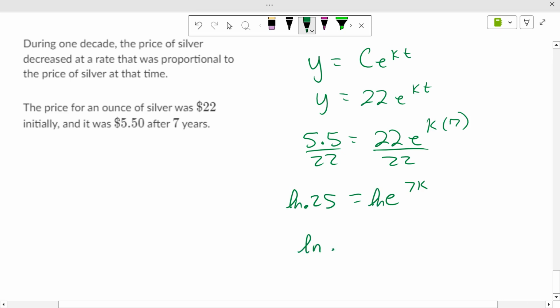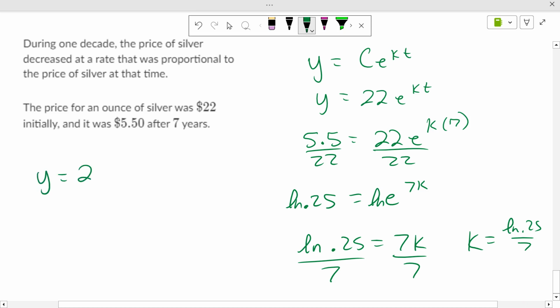So the ln of 0.25 equals 7k, divided by 7. So we know k equals the ln of 0.25 over 7, or 1/7 ln of 0.25. So our function is y equals 22e to the 1/7 ln of 0.25 times t.